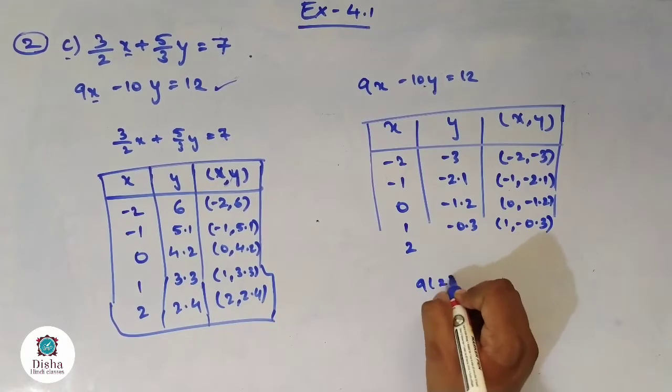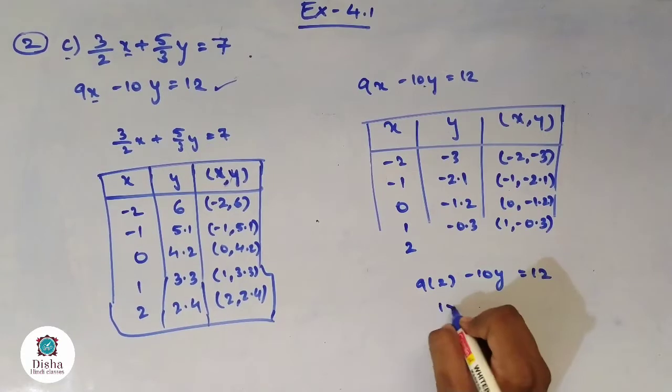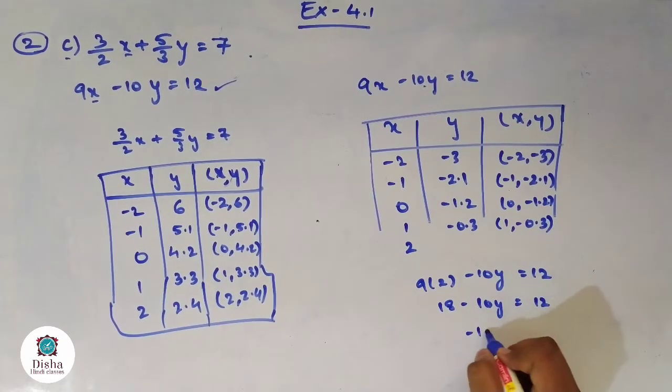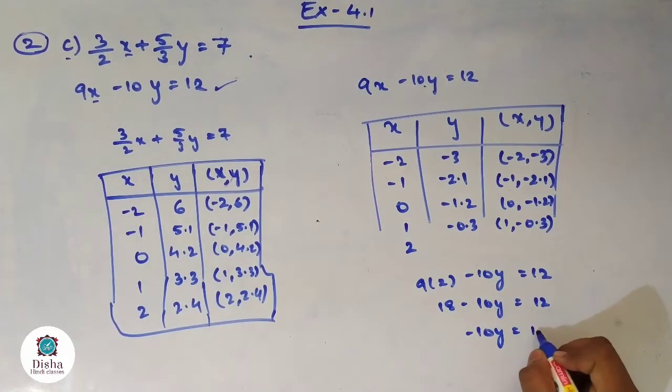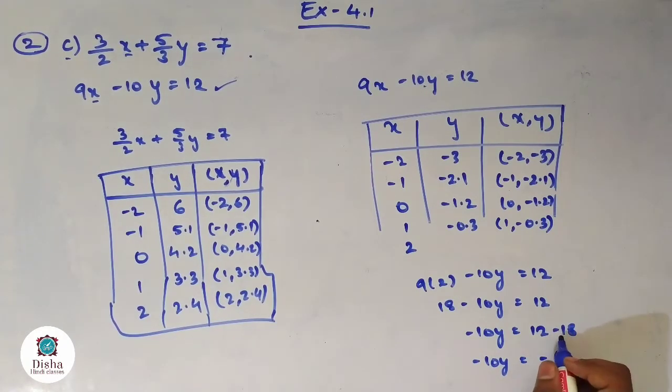So 9 into 2 minus 10y equals 12. So 18 minus 10y equals 12. Here 18 is positive. If we send it to the RHS, what will it be? Negative. So 12 minus 18. So minus 10y equals minus 6, right? 18 minus 12 will be 6. Here the greater number is negative, therefore negative sign. So y equals minus 6 by minus 10.